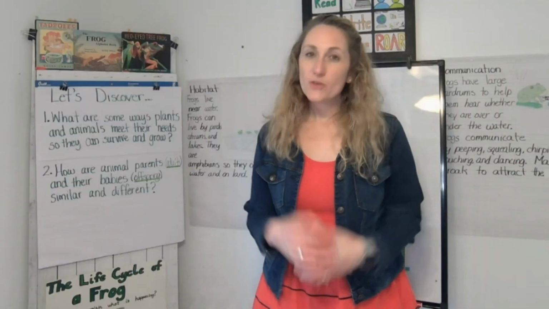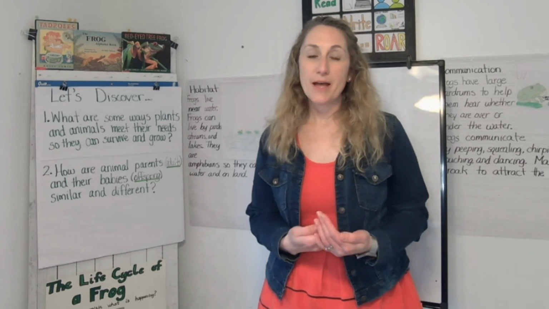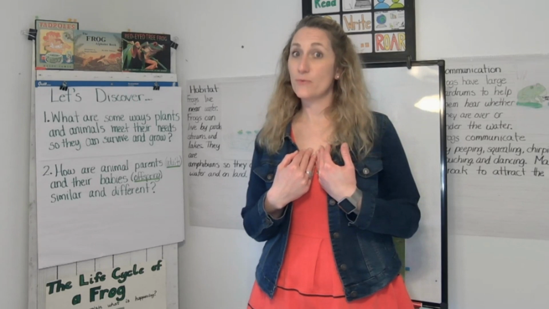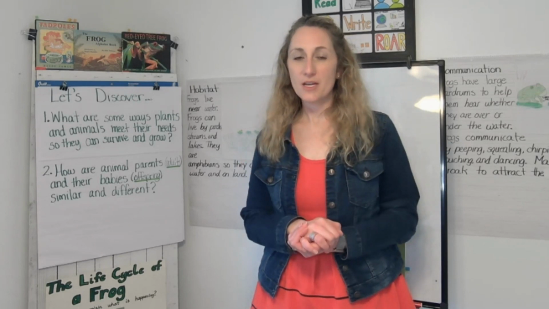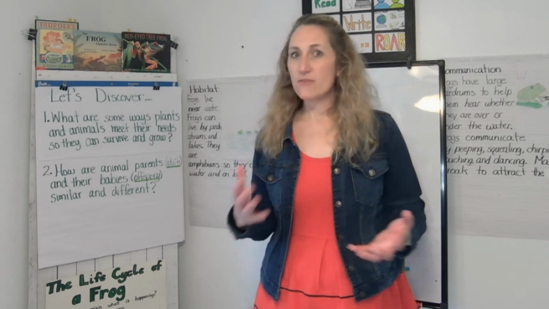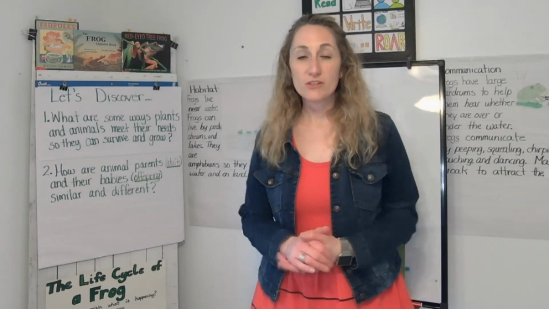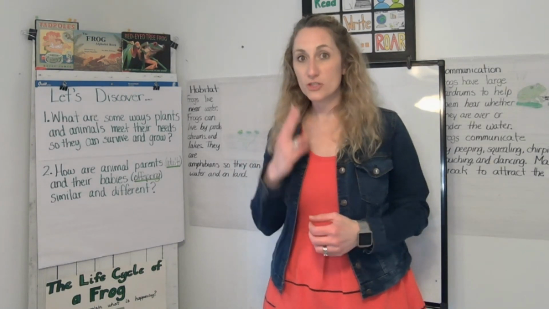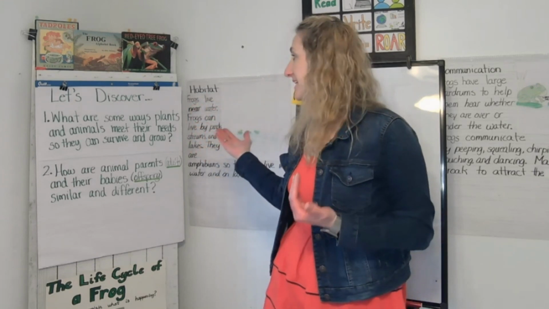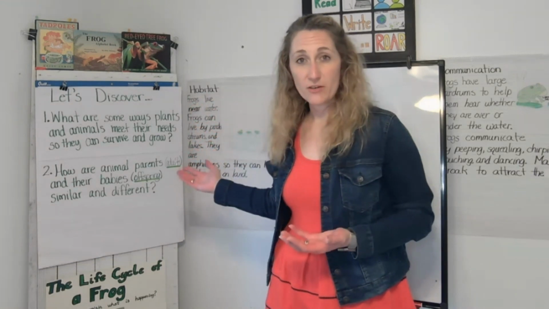Okay there, learners, so the next thing we're doing today is thinking about a part of a book called the Table of Contents, which supports us as readers when we are going to read a book about an informational topic such as frogs. Now remember, everything we're doing about frogs or the animal you're studying is because we are trying to answer two big questions. We're discovering what are some ways that plants and animals meet their needs so they can survive and grow.